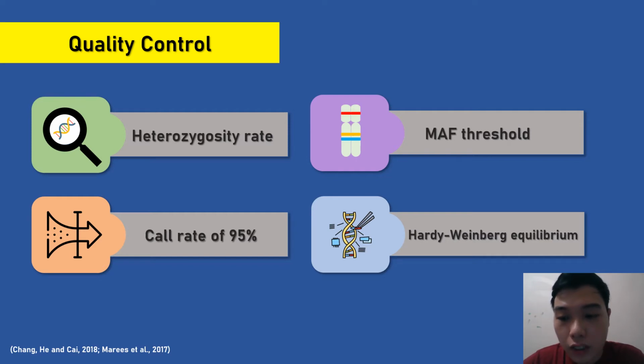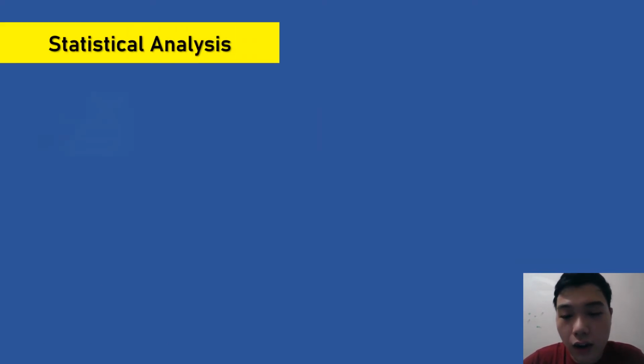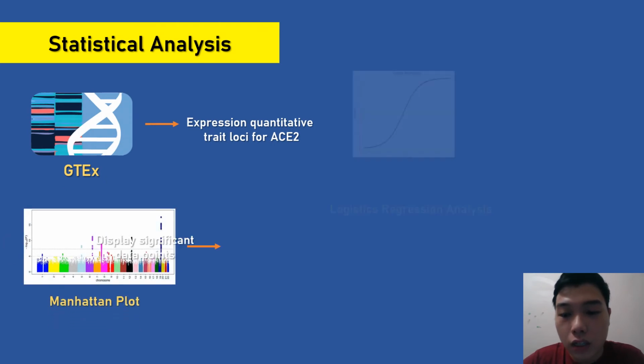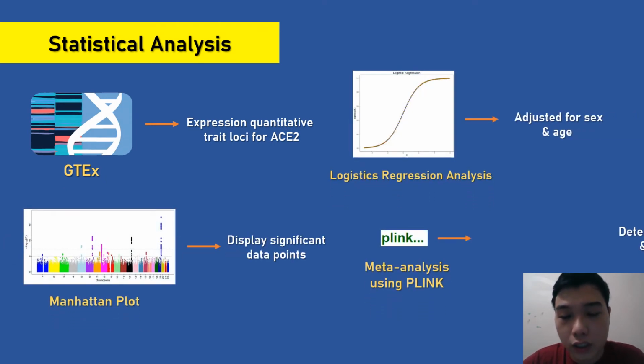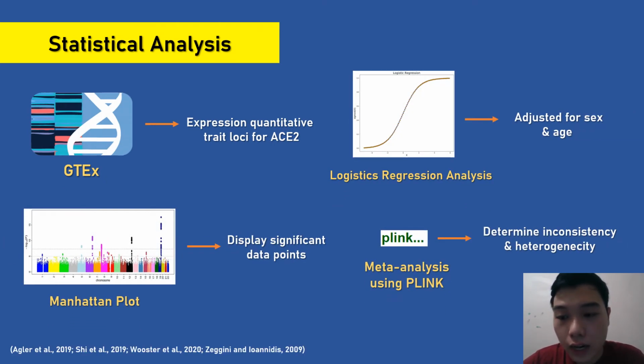Minor allele frequency, MAF, threshold can be calculated according to the size of the sample. The last analysis used will be Hardy-Weinberg equilibrium test, which is conducted to exclude the potential genotyping errors and population stratification. In statistical analysis, first we'll be using Genotype-Tissue Expression, GTEx, to analyze the expression quantitative trait loci for ACE2.